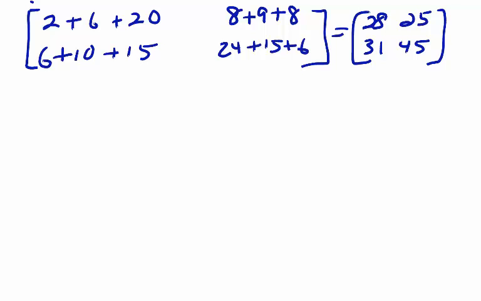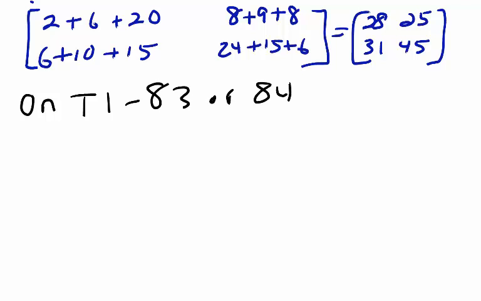Note that if you're using a TI-83 or TI-84 graphing calculator, you can obtain the product of these two matrices as follows. I'll write out the directions here. On the TI-83 or 84, you're going to start by hitting the second key and then the matrix button.